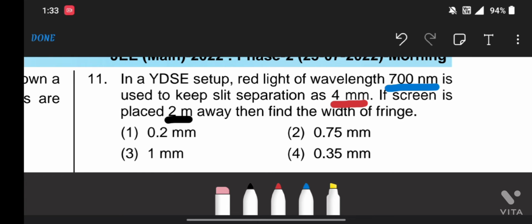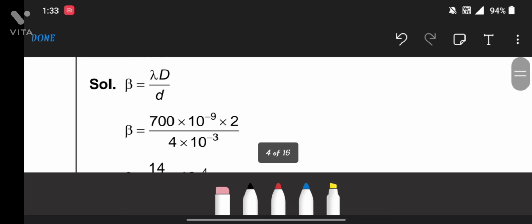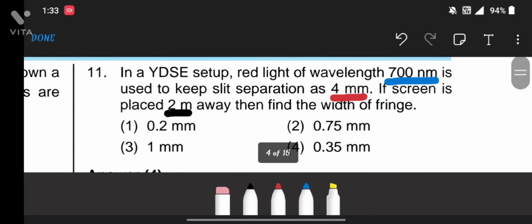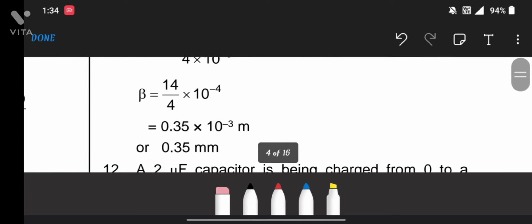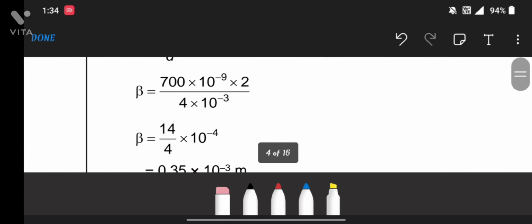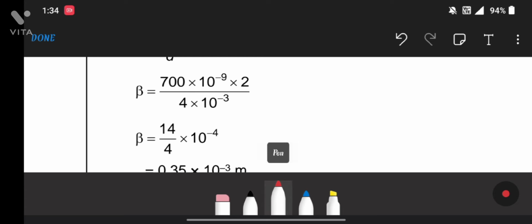Now let us solve. The formula is beta equal to wavelength into D by d, the Young's double slit formula. 700 nanometer means into 10 to the power minus 9, as you know, if it is given in nanometer, we take 10 to the power minus 9.